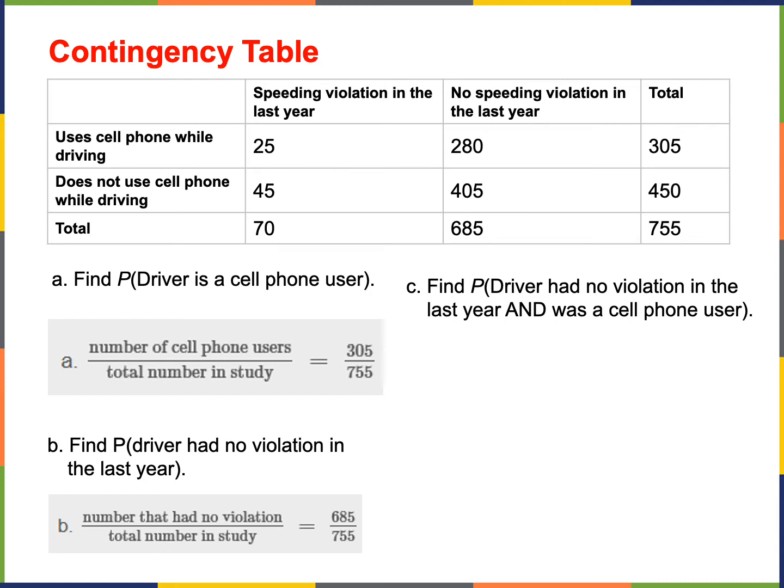Okay, let's try another one. Let's see if you can find the probability that the driver had no violation in the last year and was a cell phone user. Let me give you a second.